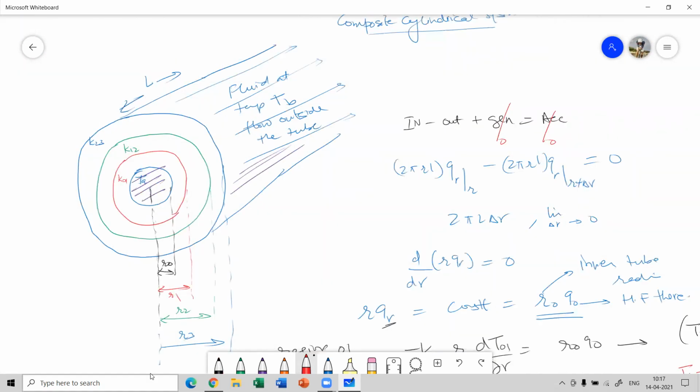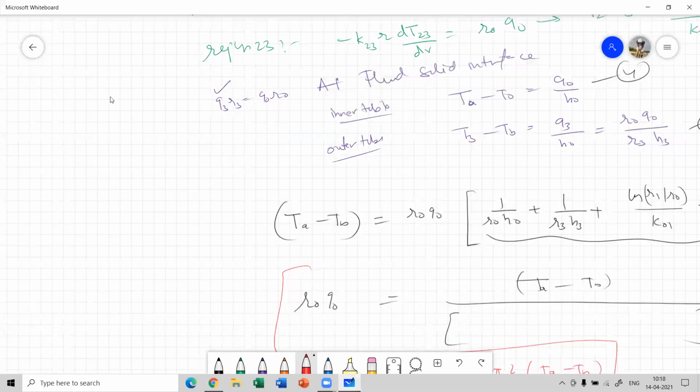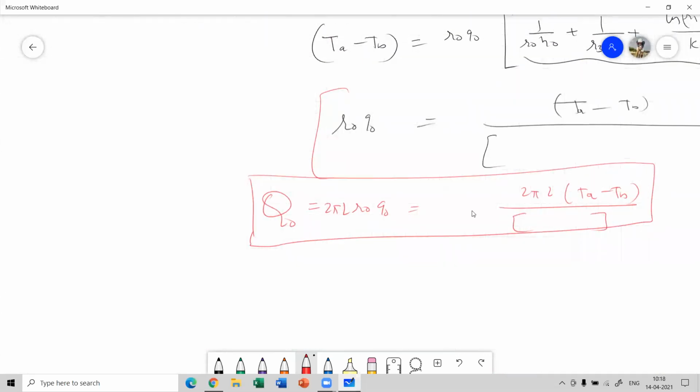The fluid which is entering the inner part first interacts with this material. Second, there is heat transfer between material 1 to 2, then between material 2 to 3, and then finally there is heat transfer at the surface. So that is the overall heat transfer, which can be calculated as Q0 equal to 2 pi L r0 q0, and that can be represented by this.